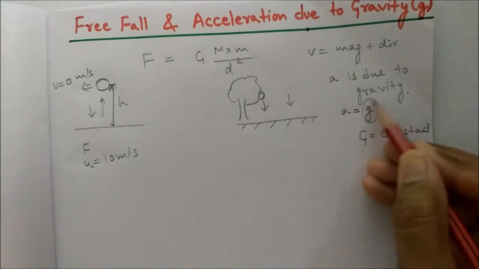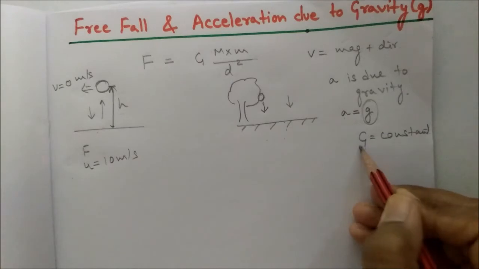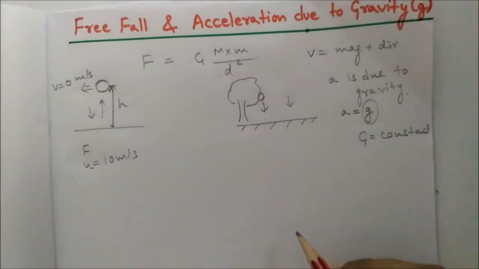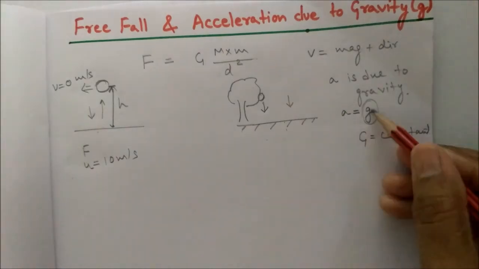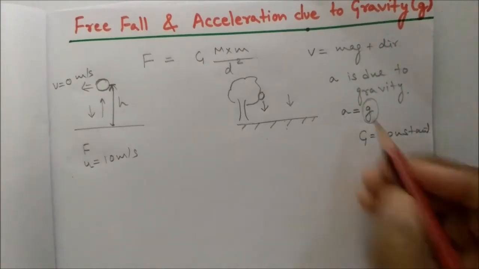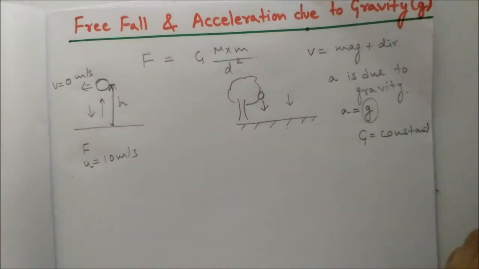So this is the acceleration due to gravity, and capital G is the universal gravitational constant. Both have different SI units, both have different values. They are entirely different things. Now we are going to see the value of small g in detail.